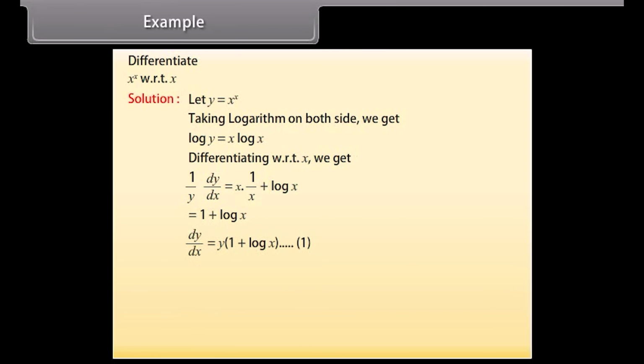So dy by dx is equal to y into 1 plus log x. Name it as 1. As we know that y is equal to x raised to the power x, put the value of y in equation 1. Dy by dx is equal to x raised to the power x into 1 plus log x.